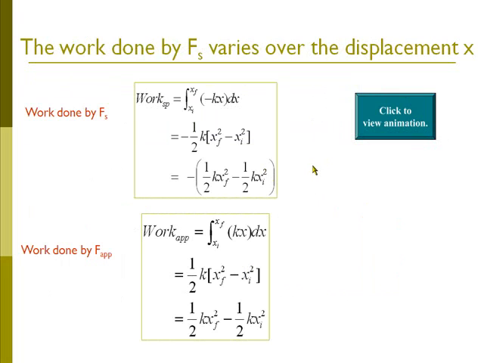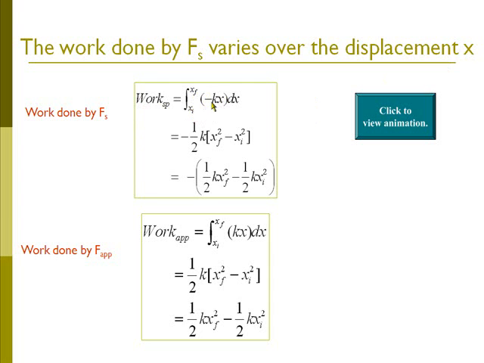So let's go ahead and integrate the work done by the spring force as the spring is stretched or compressed, in other words, undergoing a displacement in the x direction. In this case, work done by the spring force from initial to final, and initial might be the equilibrium position, the final might be the stretched or compressed distance.